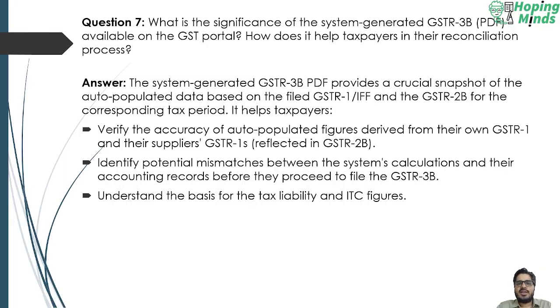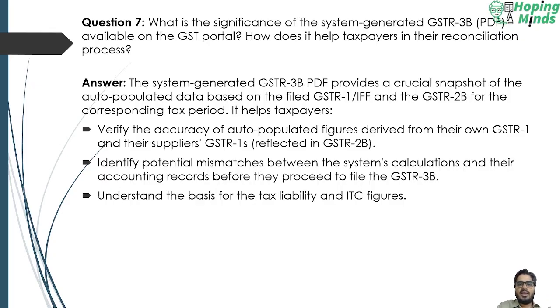So the system generated GSTR 3B PDF provides a crucial snapshot of the auto-populated data based on the filed GSTR 1 or IFF and the GSTR 2B for the corresponding tax period. It helps the taxpayers to verify the accuracy of auto-populated figures derived from their own GSTR 1 return and their suppliers' GSTR 1s that are reflected in GSTR 2B return.